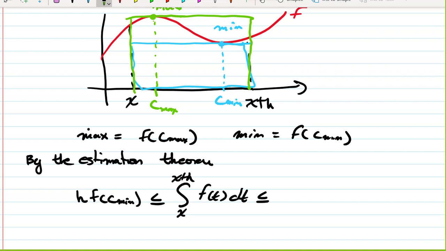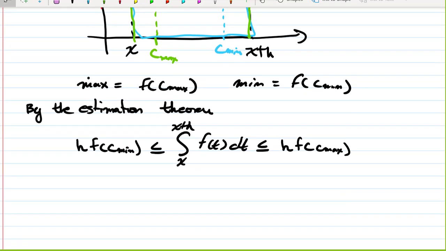The width of that rectangle is still h, and the height is f of C max. And we know that is bigger than the area underneath the red curve.